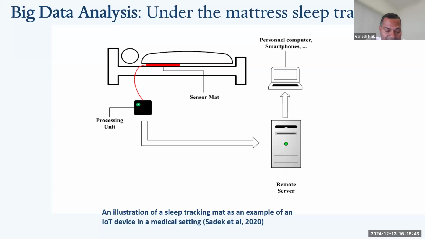So why I'm telling this is that we have a collaboration with a French company called Withings. They developed this under the mattress sensor, and we are developing some algorithms for them, and they have also shared lots of people's data from all over the world for us to analyze.